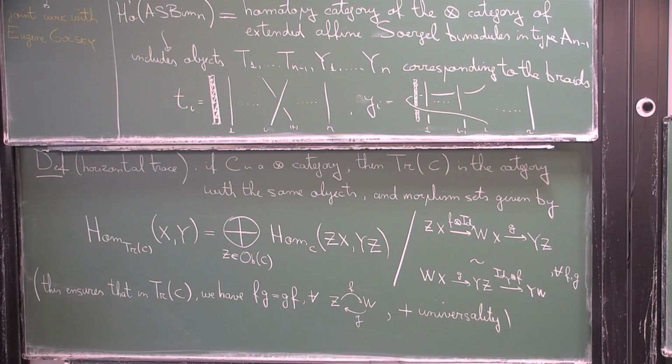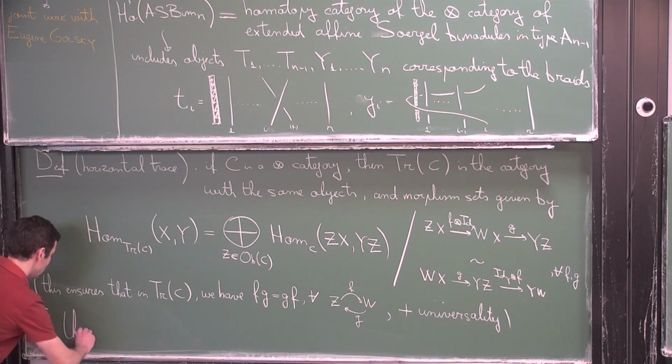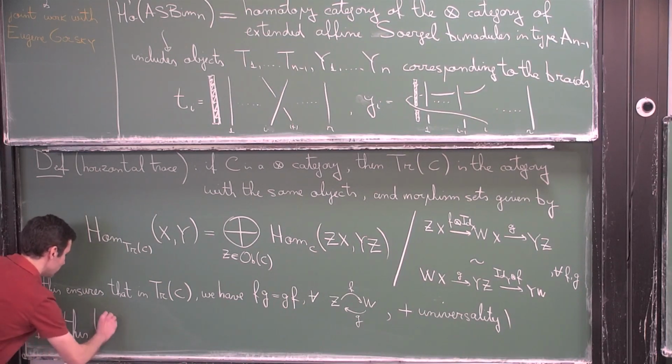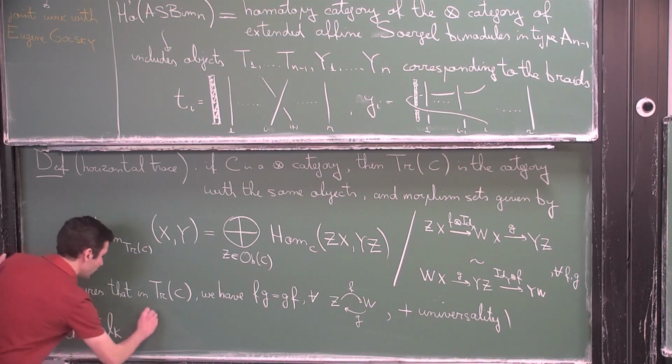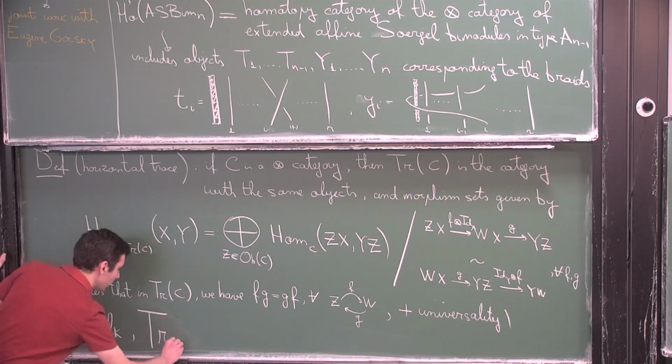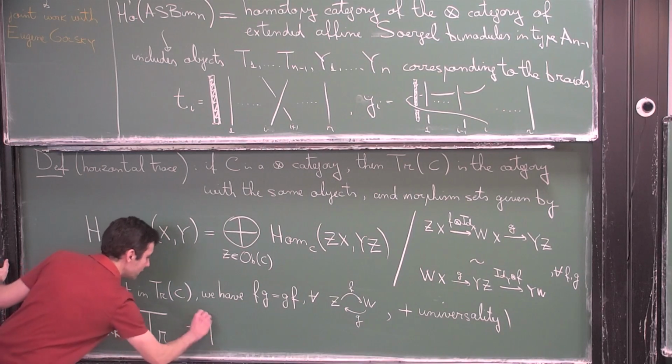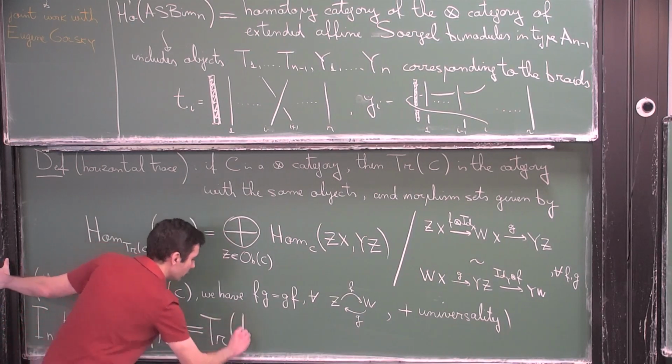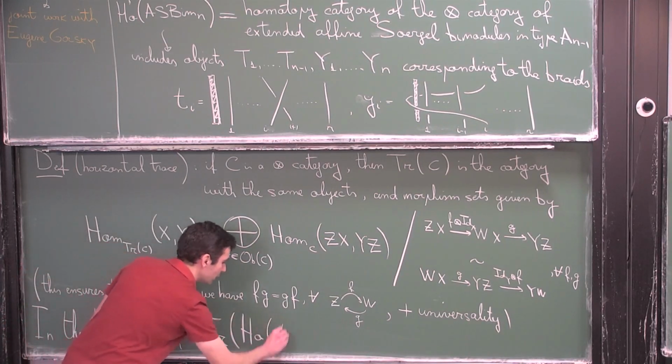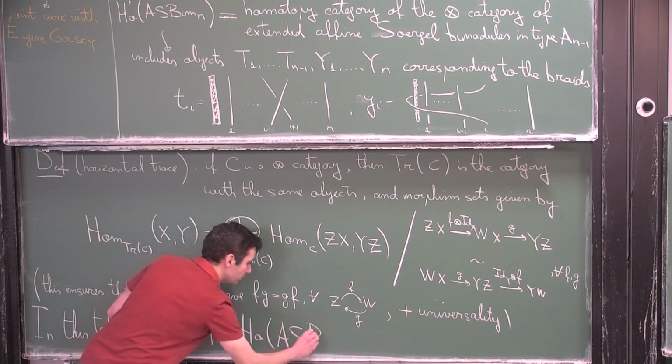Okay, so finally, I have a feeling that I bored at least half of the audience, but at least finally I can say what the objects that we want to study, the categories that we want to study in this talk. So in this talk, we will consider the category which I will denote by N, and this is the trace, the homotopy category of affine sortable bimodules for any n.